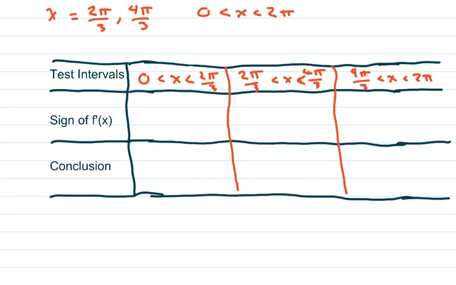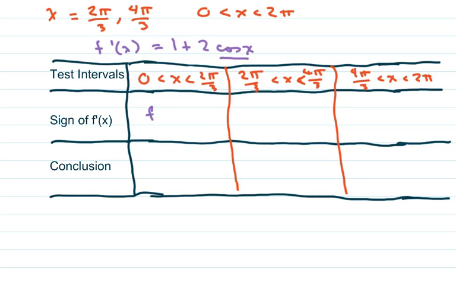And my derivative again was 1 plus 2 cosine of x. So when you plug in a number between 0 and 2 pi over 3, let's say you plug in pi over 2, cosine of pi over 2 is 0, so we get 1.